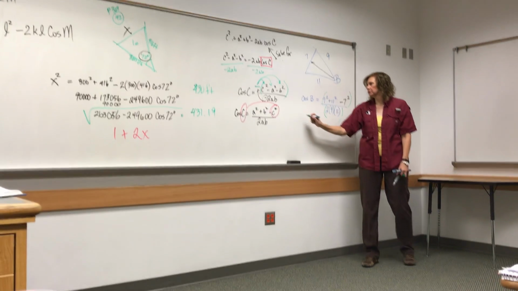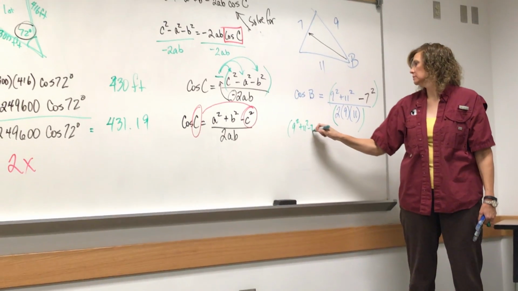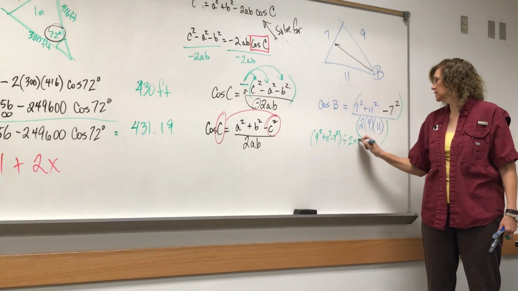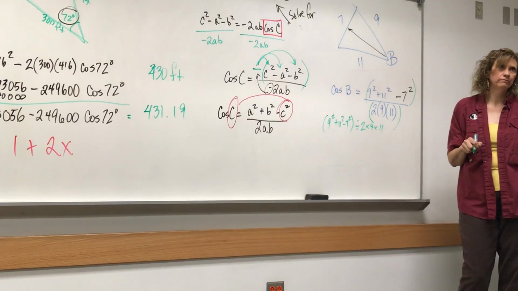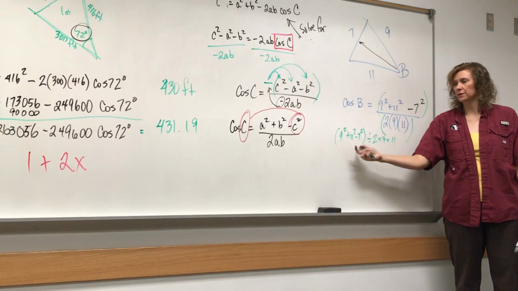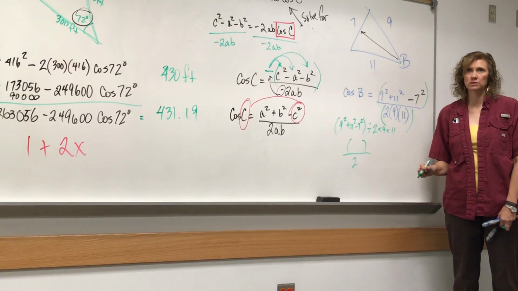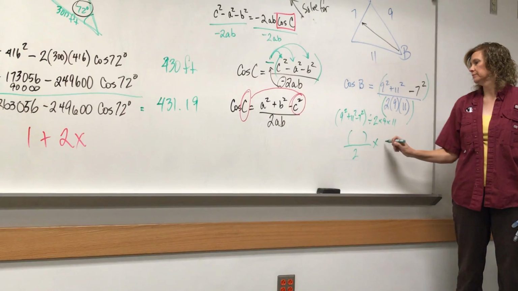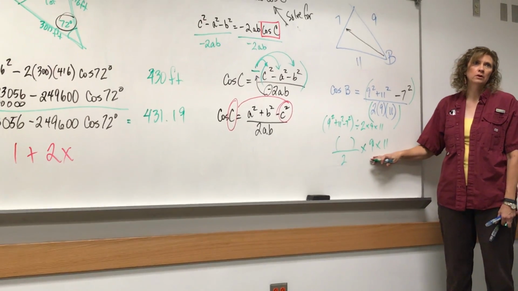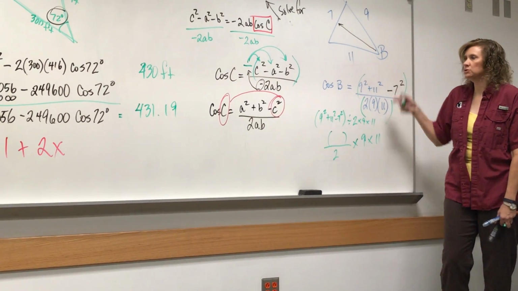Because if you don't, you're like, oh, I got that, divided by 2 times 9 times 11. Your calculator follows order of operations. So it's got this whole quantity divided by 2, and then it goes left to right. And now 9 and 11 show up in the numerator. Oh, bummer. So make sure you use your parentheses.